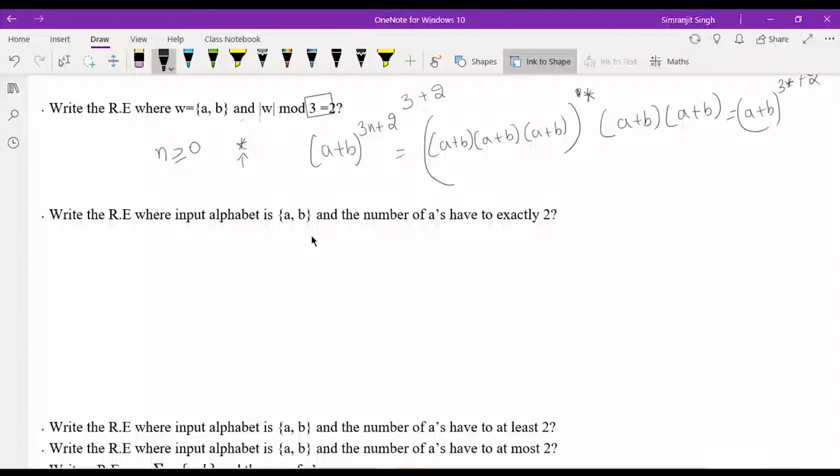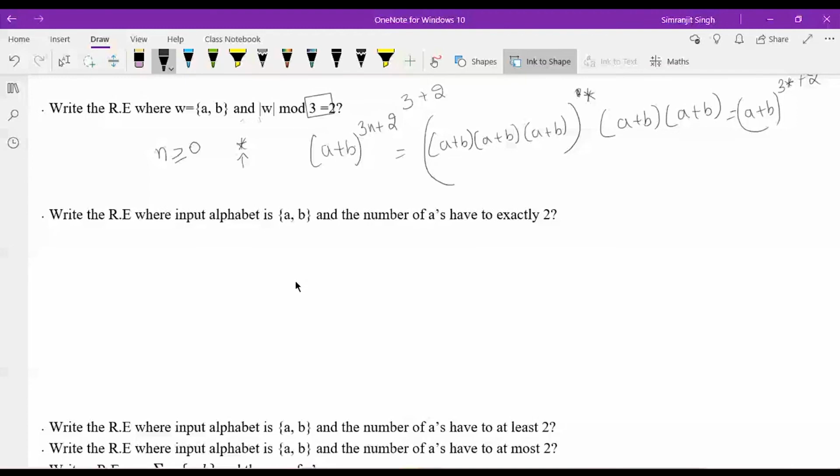Whenever you do not need to care about B here, just write a star on it. Okay, Fanindra, I think, got the right answer.